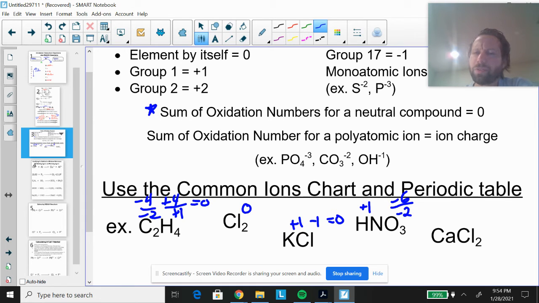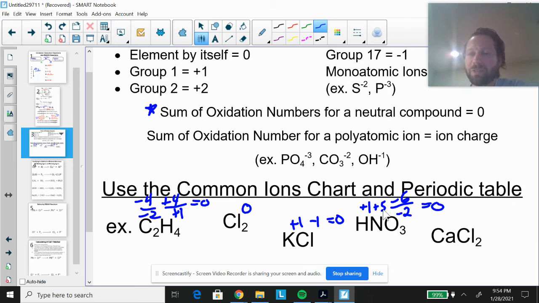Well, I don't see an overall charge for this molecule. It's a neutral compound, so that means that all these oxidation numbers should add up to 0. So +1 -6 equals 0. What does nitrogen have to be? Nitrogen has to be +5. So hydrogen's +1, nitrogen's +5, oxygen's -2.